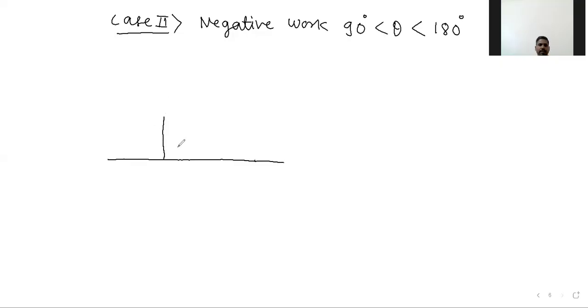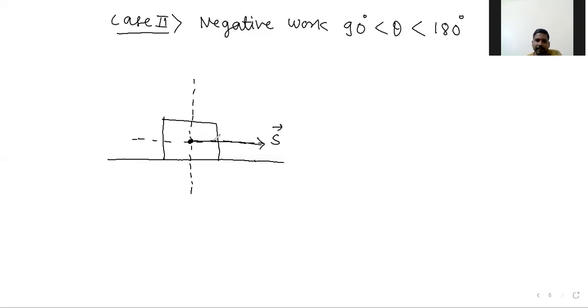Same block system is here, that block whose center of mass is this. Now, for better understanding, I'll draw the horizontal line which is passing through the center of mass or center of gravity, and a vertical line too. Now, this is the direction of displacement vector S through center of mass. Now, we have to apply this condition: theta is greater than 90.